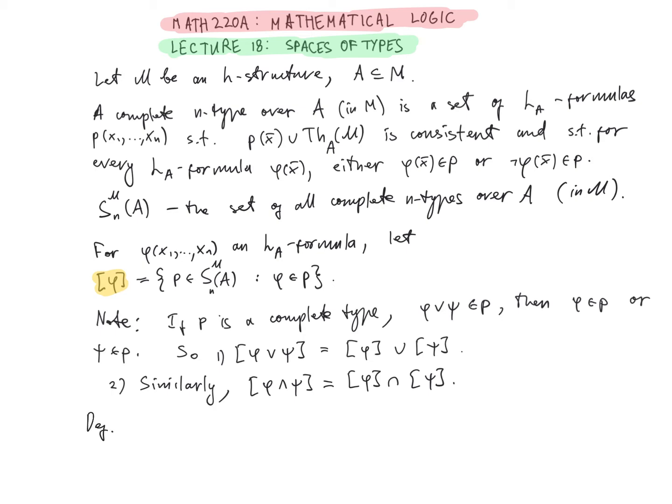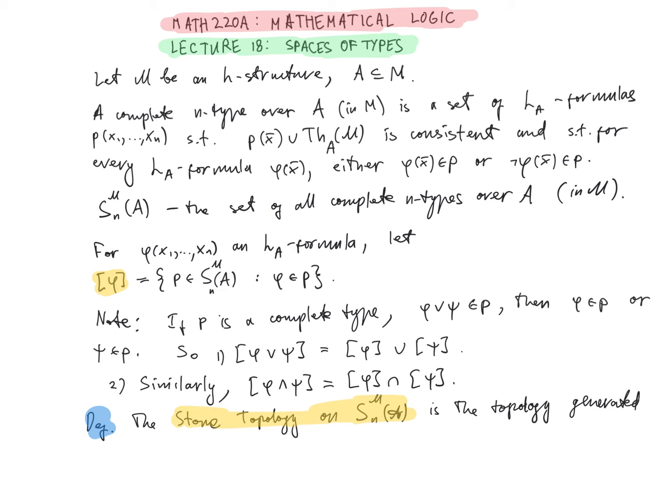And now we define the Stone topology on the set of complete n-types over A to be the topology generated by taking the sets of the form square bracket phi, where phi is an L_A formula, to be the basic open sets.